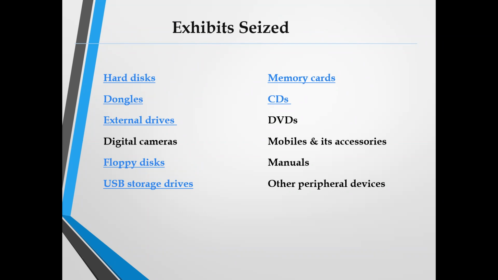From hard drives to flash disks, those are the dongles, to external drives, to cameras, to floppy disks, to USB storage drives, to memory cards, CDs, DVDs, mobile phones and its accessories, manuals, and any other peripheral devices, any others that can easily be attached. As long as they have memory space in them, those are what you need to pick.